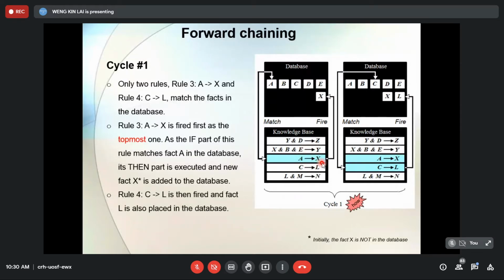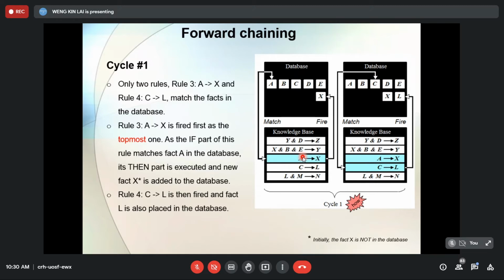So if A is true, X is true. Then if we put rule 3 as rule 2, then this one will be fired. So the system itself will be sensitive to the order of your rules. But so happens in this case, rule number 3 is put after rule number 2. Therefore, rule number 2 will not be fired.